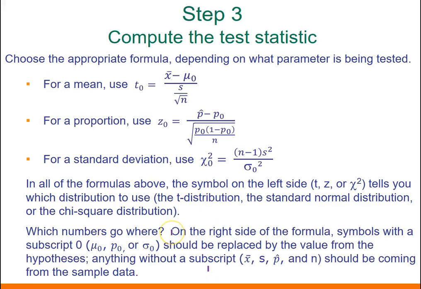When we're actually calculating in this step, we need to know which numbers go where. So on the right side of each of these formulas, anything with a subscript 0 is going to be the value from the hypotheses.